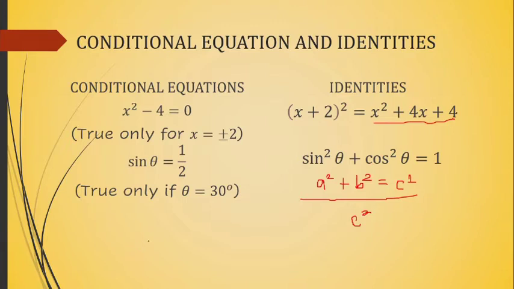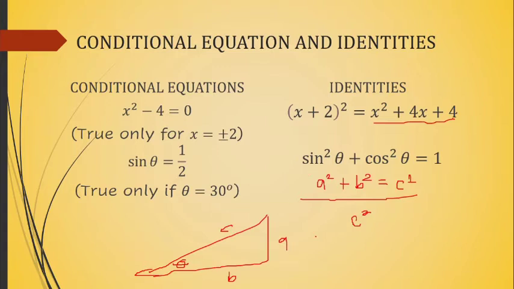Let's use a triangle. Let's say this is theta, with sides A, B, C. A over C, the opposite over the hypotenuse, is defined as sine.